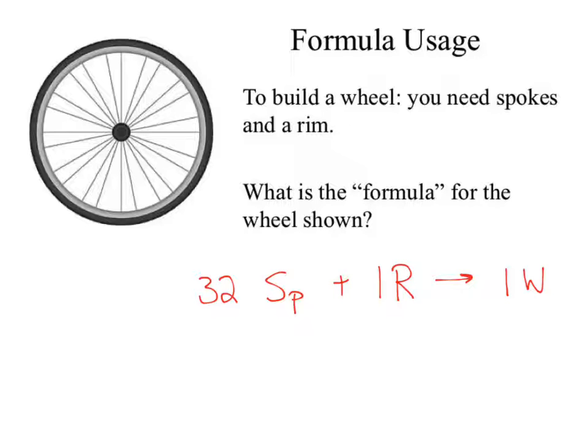So instead of saying one wheel, I can call this one SPR. To make my wheel, I just need one spoke and one rim. There's only one spoke and one rim in my formula. I would need 32 spokes and one rim, and I now have my wheel.